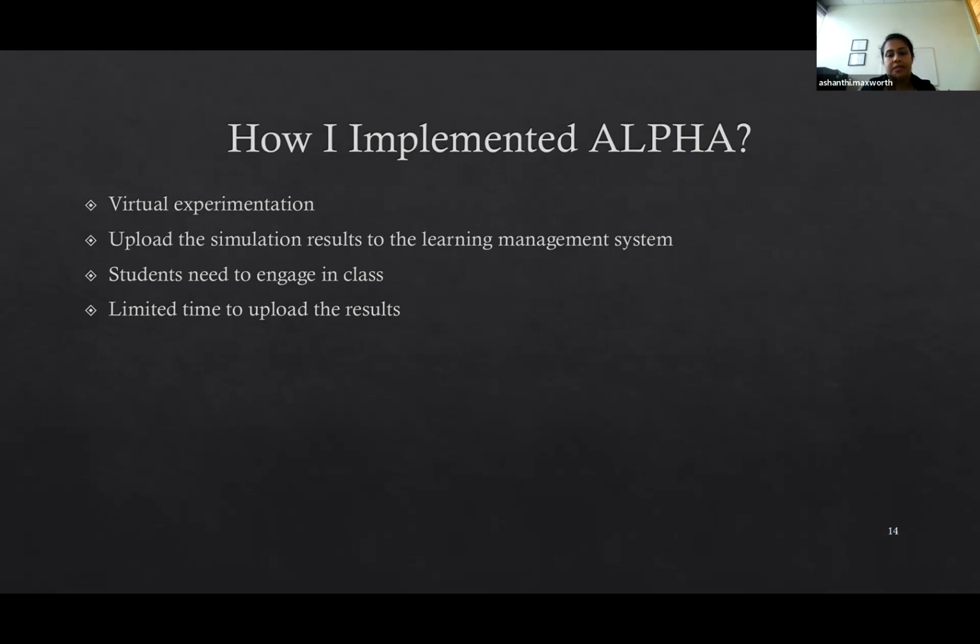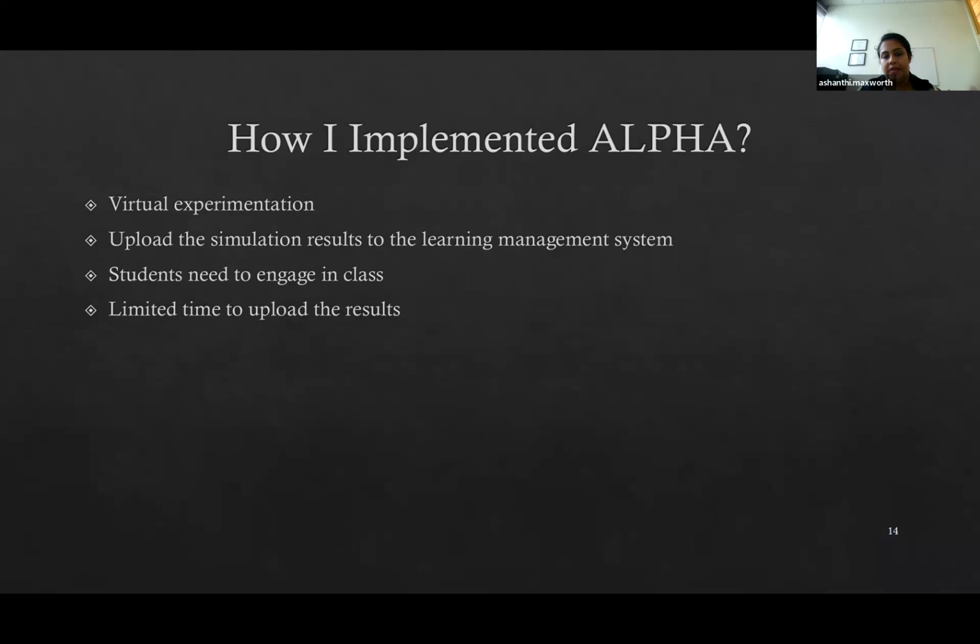They can absorb that content if and only if they did the simulation with me. If they just watched me doing it as if watching a movie, they will not be able to upload it. These links disappear after the day is gone, so they had only a limited time to upload the results.